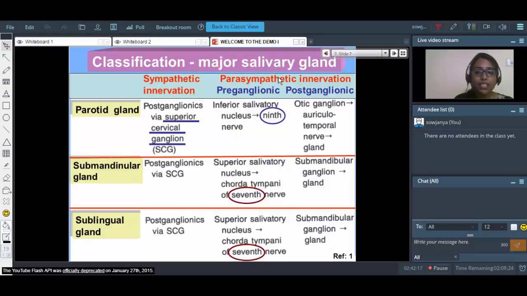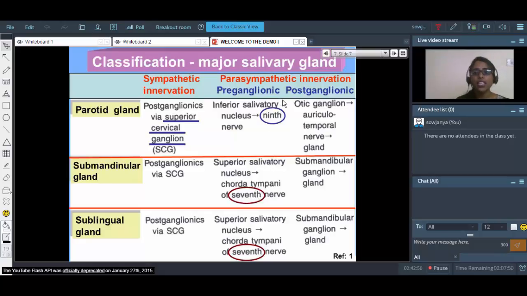The parasympathetic innervation for the parotid gland is carried out by the inferior salivary nucleus through the glossopharyngeal nerve. The parasympathetic postganglionic innervation is carried out by the otic ganglion through the auriculotemporal nerve to the parotid gland. In the submandibular gland, the preganglionic parasympathetic innervation is carried out by the superior salivary nucleus through the chorda tympani nerve of the seventh nerve, that is the facial nerve.